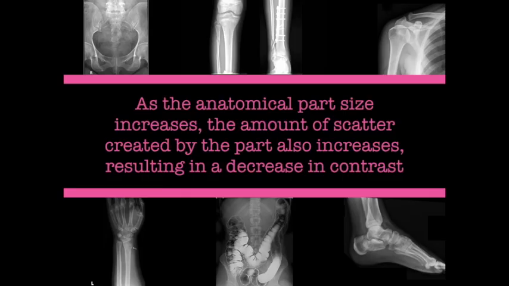Anatomical parts affect contrast in many ways because as the anatomical part size increases, the amount of scatter created by the part also increases, resulting in a decrease in contrast.